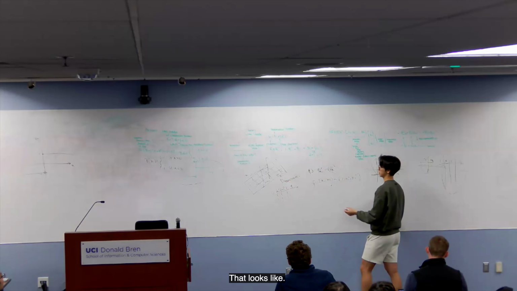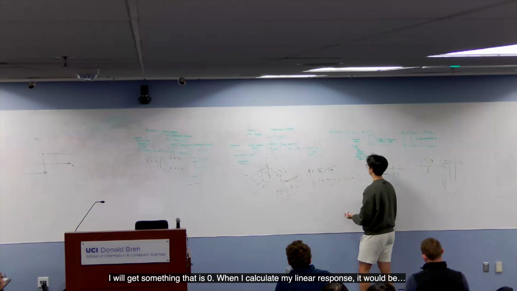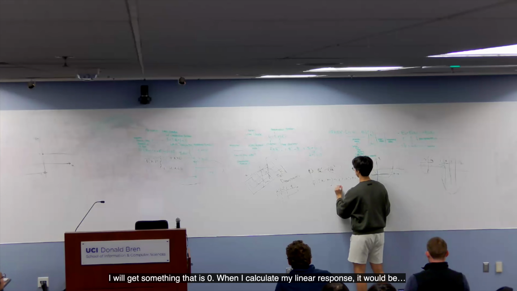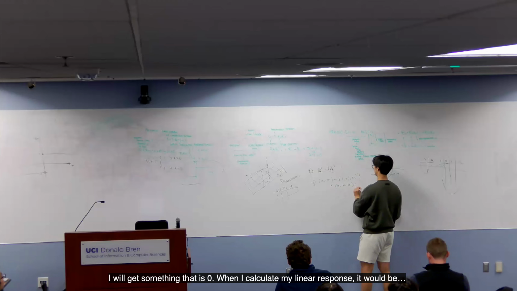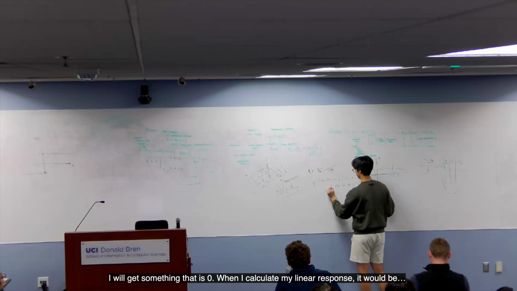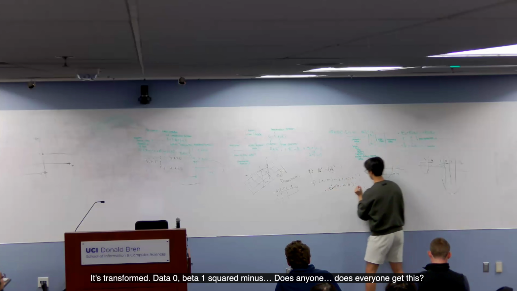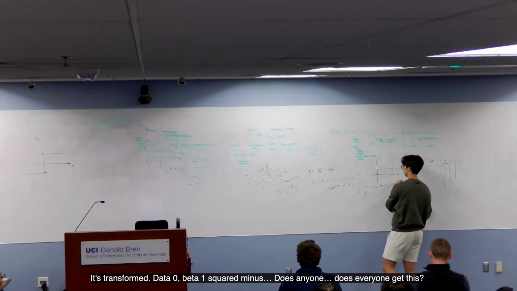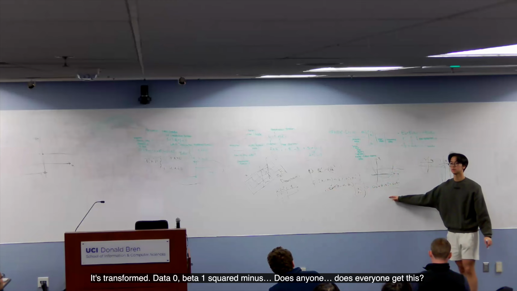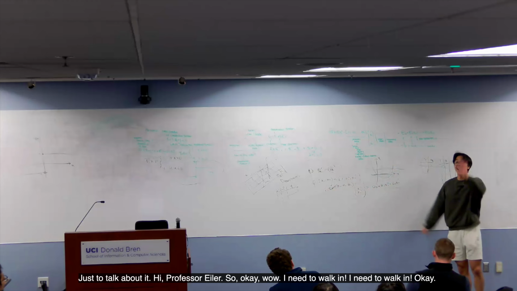When I perform linear regression on these vectors, I calculate my linear response with x transformed, theta 0, theta 1, theta 2. Does everyone get that?